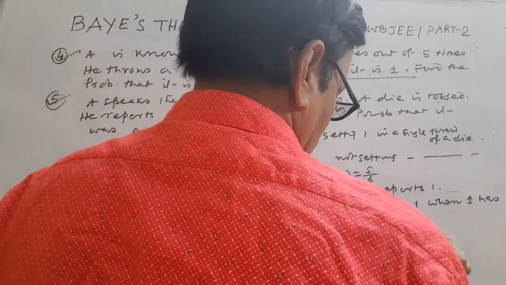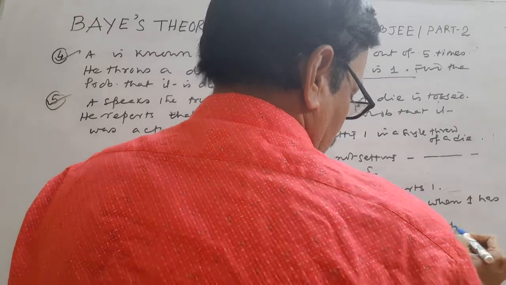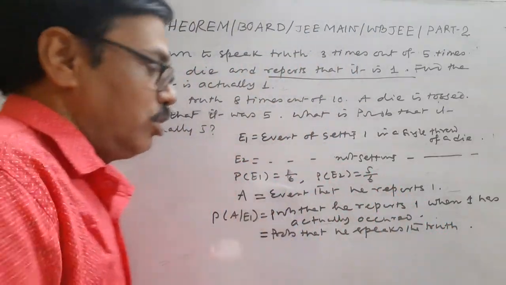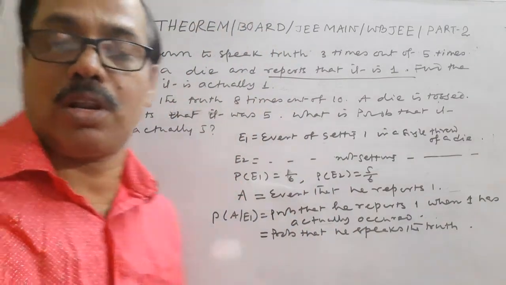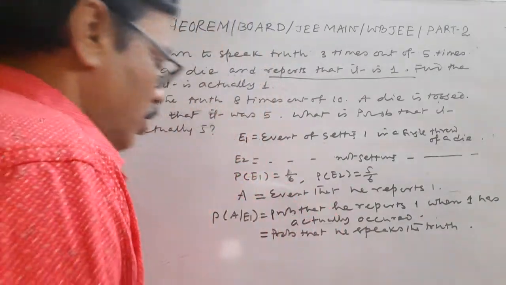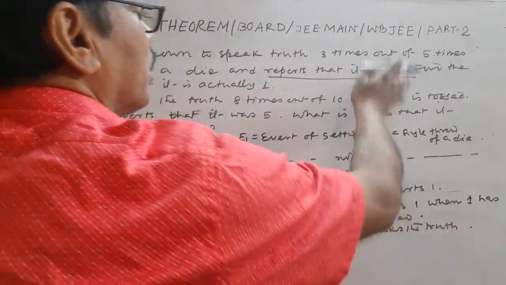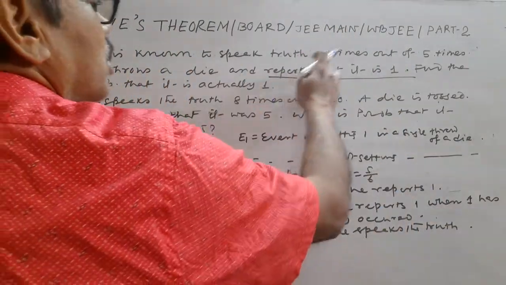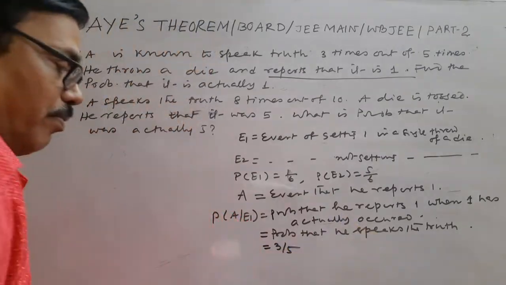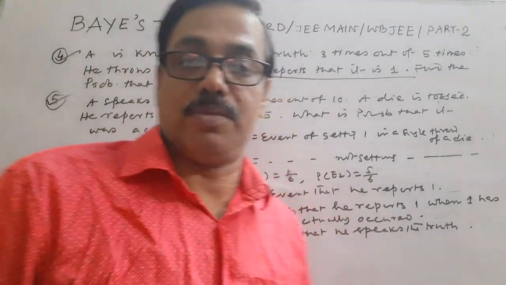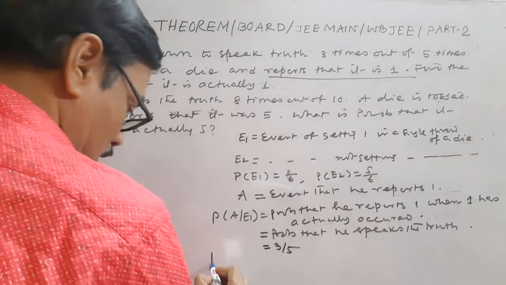This line is to be noted; you have to write this line for the board problem. So what is the probability of speaking truth? 3 times out of 5, so this is 3 by 5.